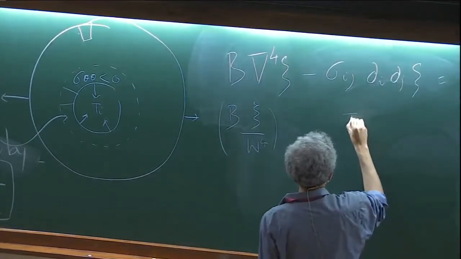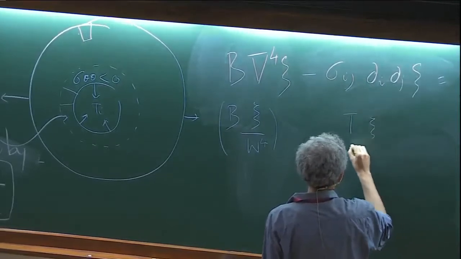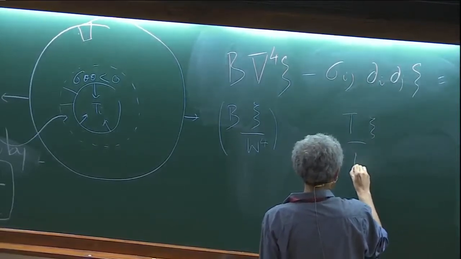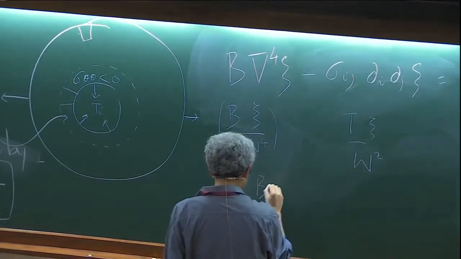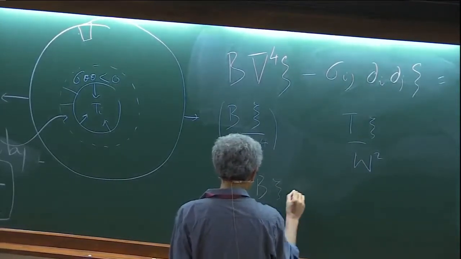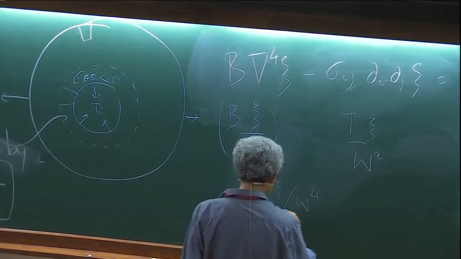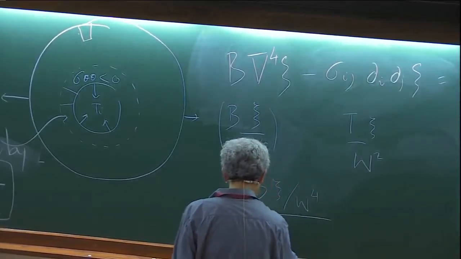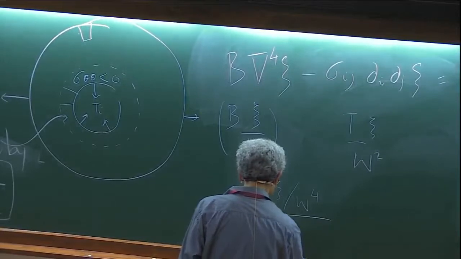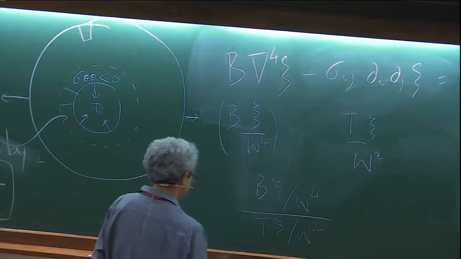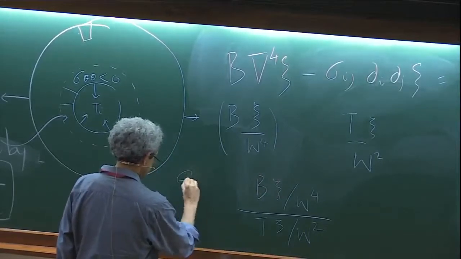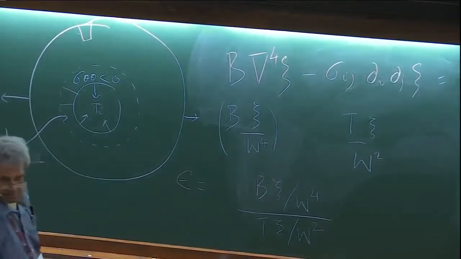The scale of this is some tension times... and you can see this is where epsilon comes from. It comes from 2 different terms in the equation.